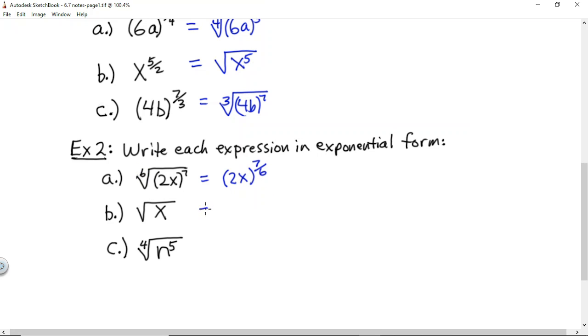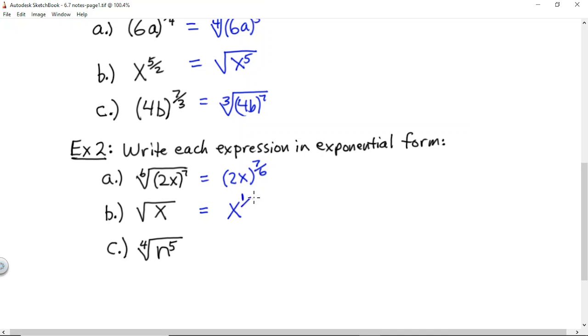Okay, next one. So what's the index of this? It's 2, of course, right? And the power this time, we say, well, there's no exponent on that, so that means the power is 1, right? So we have our base to the power of 1, which we don't have to write down in the radical form. But in our exponential form, we write it as the numerator.